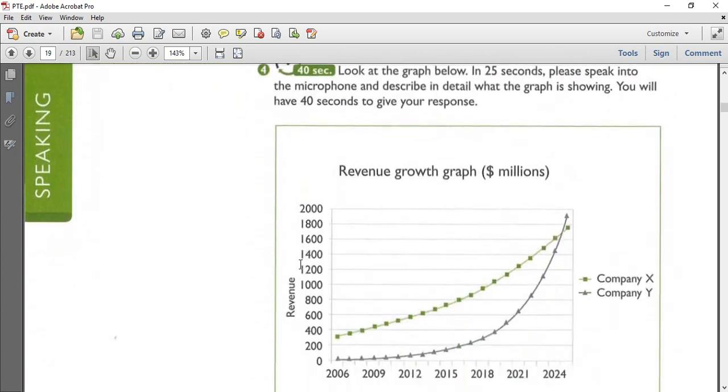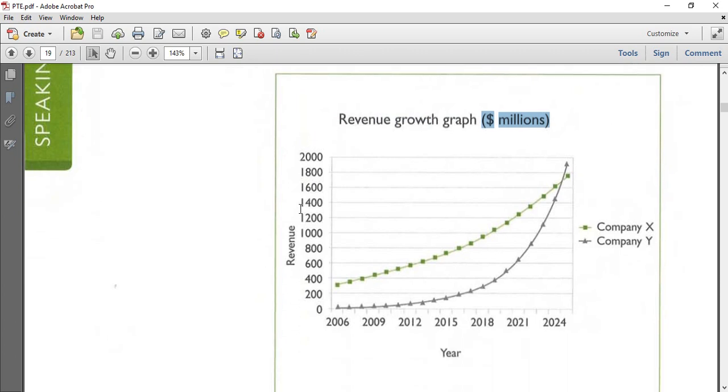So here you can see the revenue growth graph, which is in millions of dollars, not hundreds or thousands. It's from the year 2006 to 2024, and there are two companies to compare. The first one is company X, and the second one is company Y.